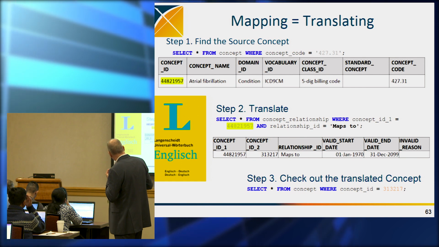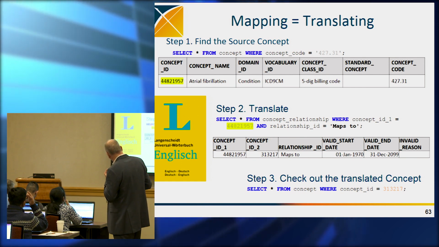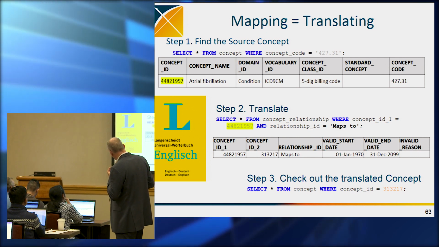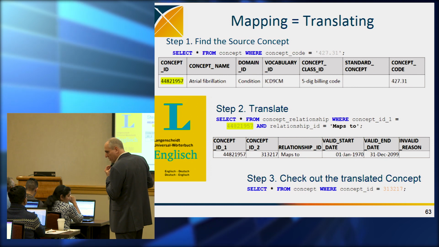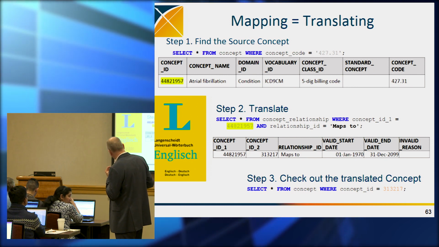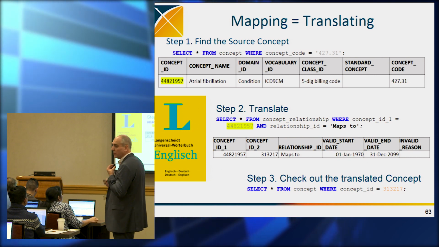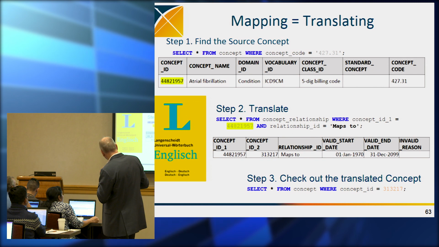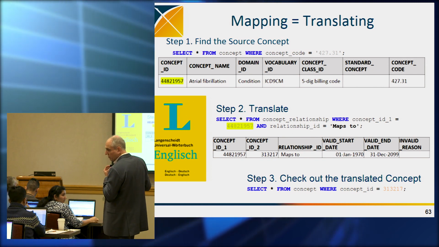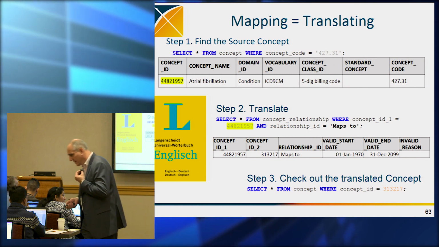So if you want to translate this guy in yellow, you ask the concept relationship table for this concept ID, because it's maps to, and then it gives you the translation. So this is essentially the word representations, right? This is Skål, and this is cheers, except we use these numbers, right?